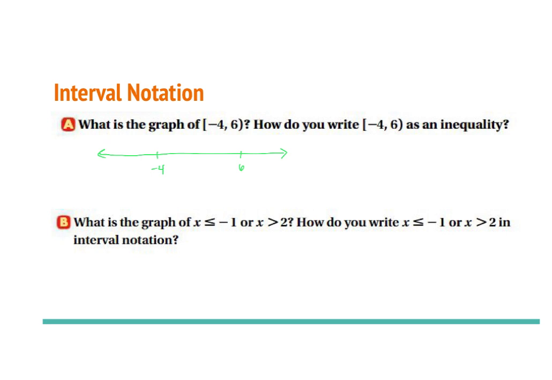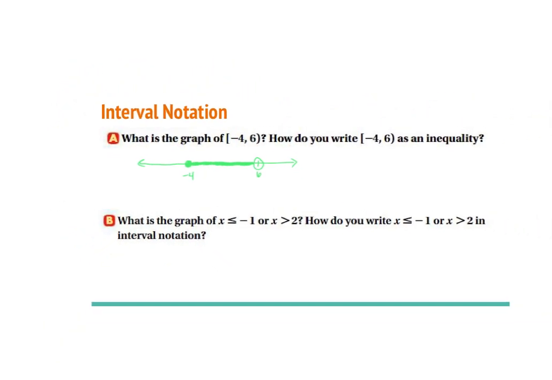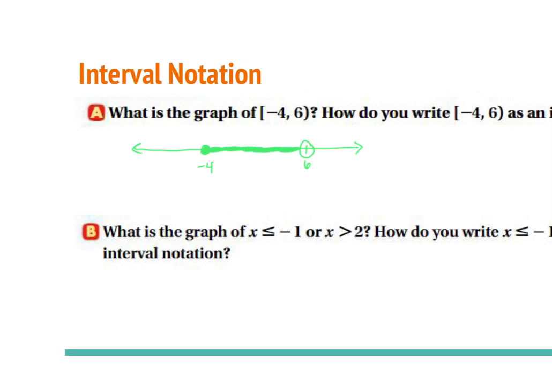We are including negative 4 because it's a bracket, so it's going to be a closed circle, but we're not including 6 because it's a parenthesis, so we're going to leave it as an open circle. We are going to be shading the region in between them. So it goes from negative 4 to 6, okay? Because that's our left boundary, and this is our right boundary.